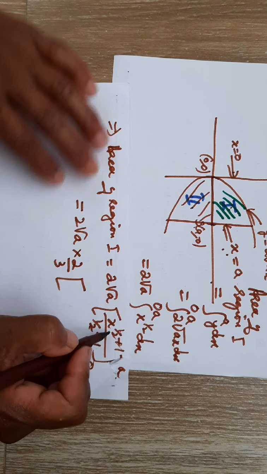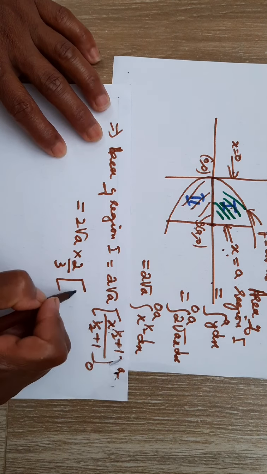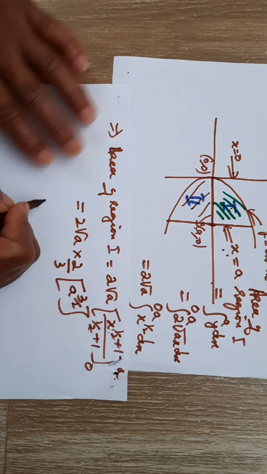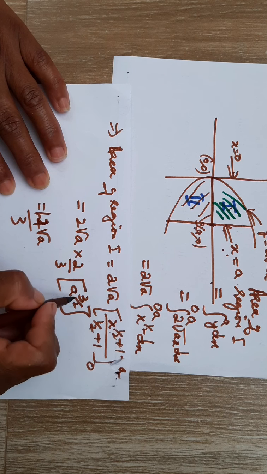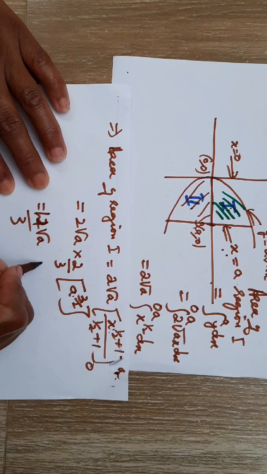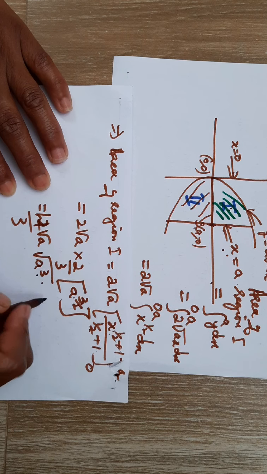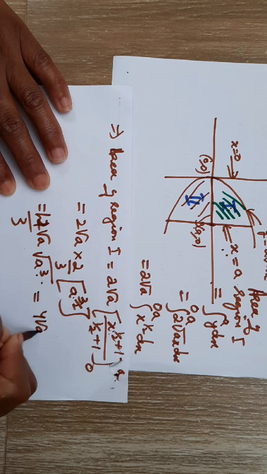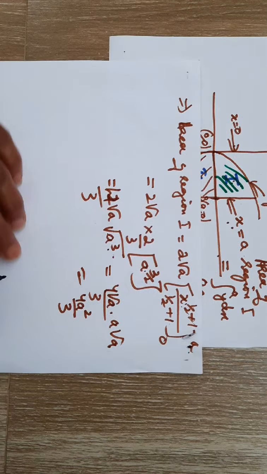Substituting the limits, the lower limit is 0 and the upper limit gives a to the power 3 by 2. So 2 root a becomes 4 by 3 root a. Then a to the power 3 by 2 is the square root of a cube, which is a root a. So this is equal to 4 root a into a root a divided by 3. Root a into root a is a, so it is 4a square divided by 3. This is the area of just region 1.